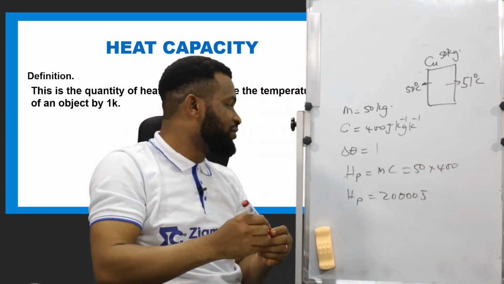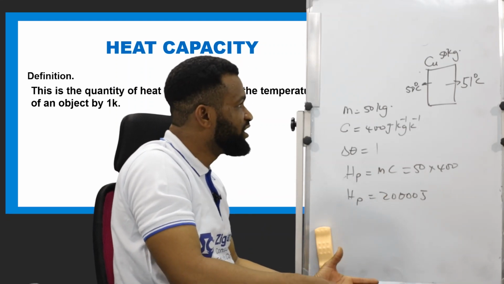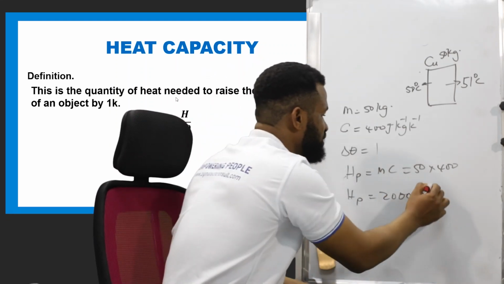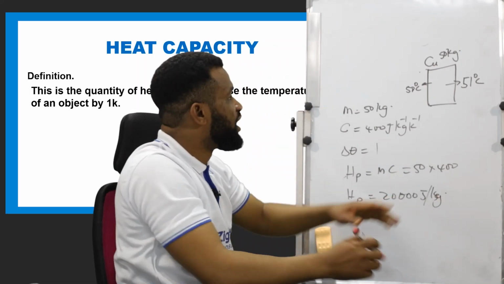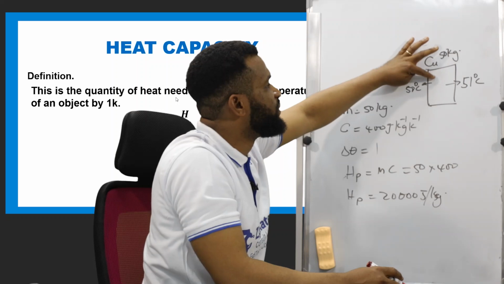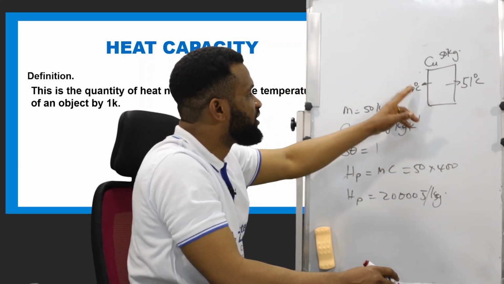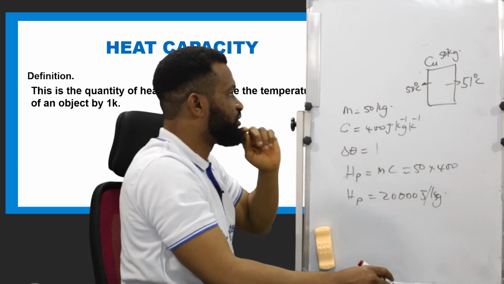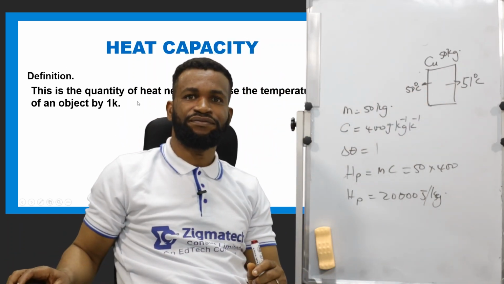So you see that now. That means about 20,000 quantity of heat is needed. This is the quantity of heat needed to raise the temperature of 50 kilogram of copper from 50 degrees Celsius to 51 degrees Celsius. And that is the essence of this definition.